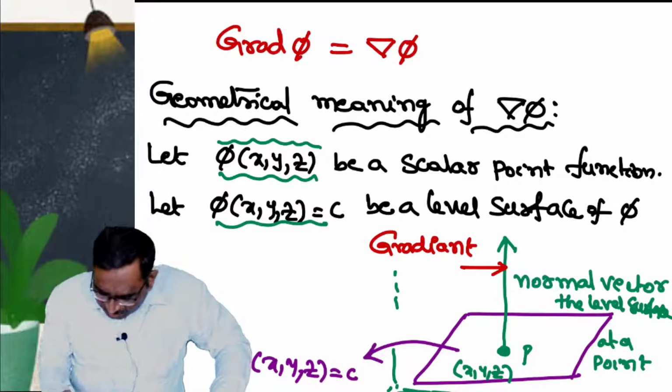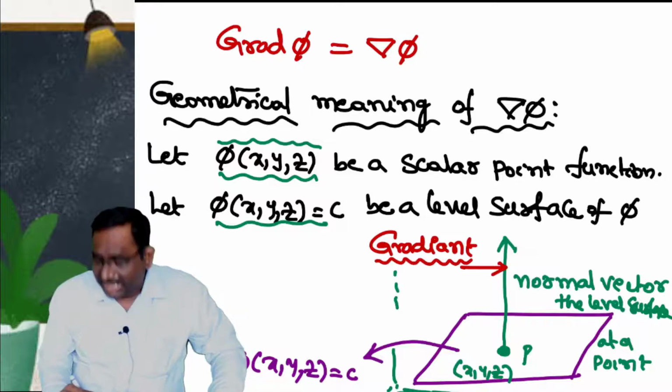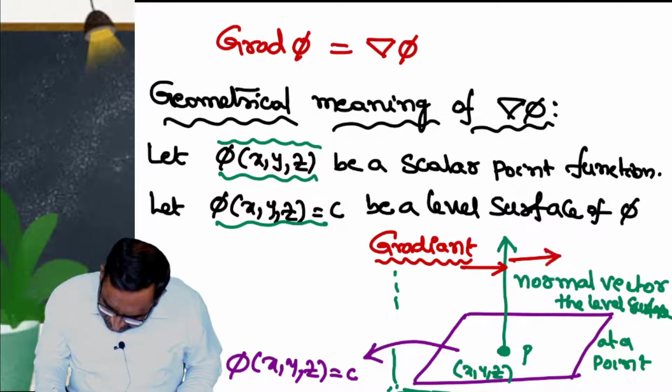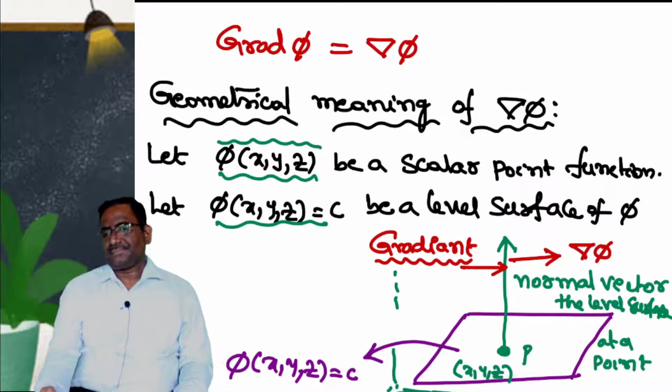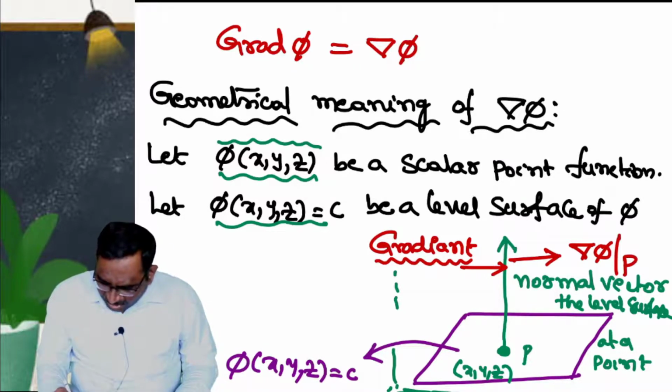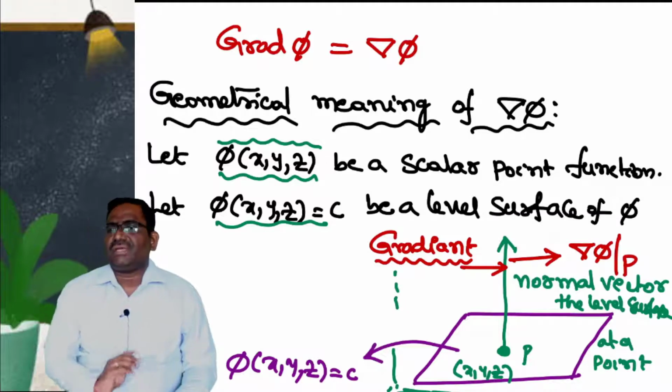This normal vector is del phi, the normal at the point P for this level surface.